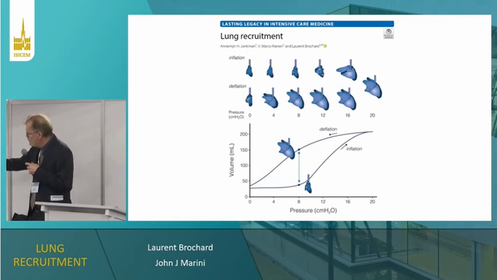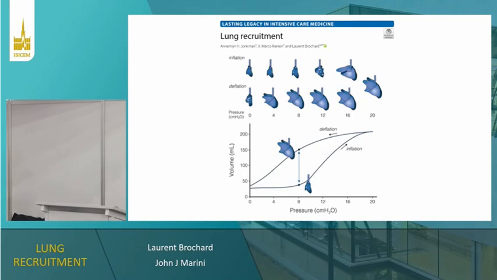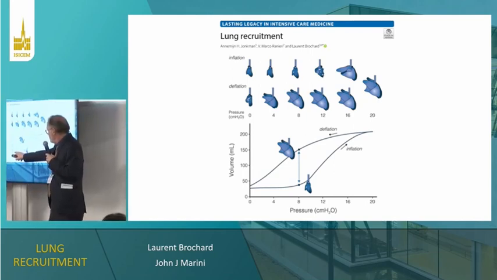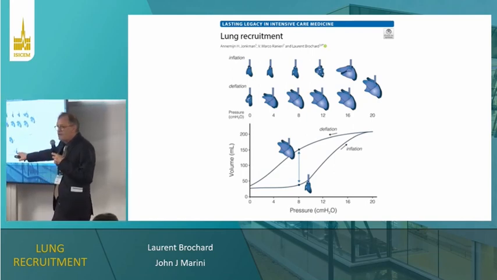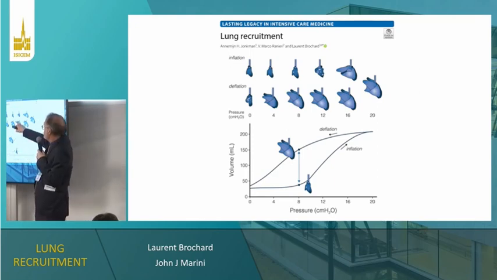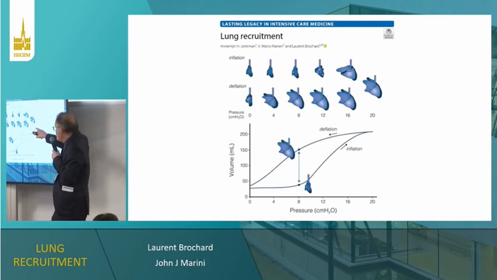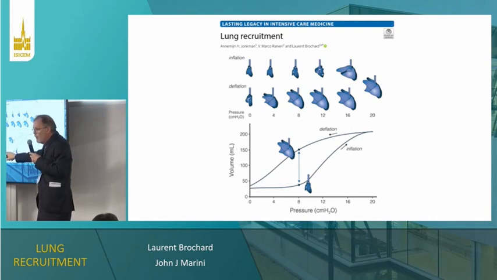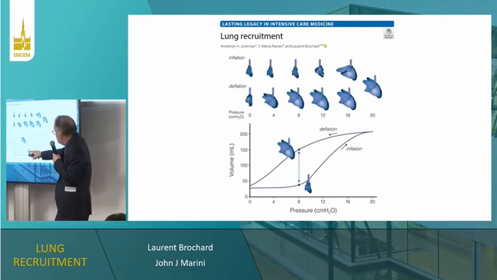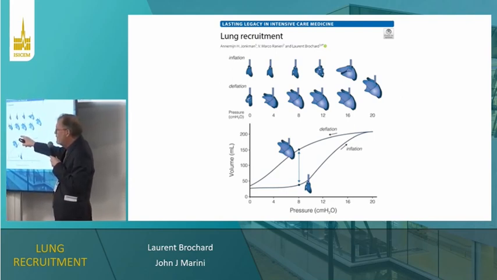And the pressure-volume curve tells you at the bottom that initially you have very, very little increase in volume while you increase the pressure. That's what you see on the top here. And once you've reached 20 centimeters of water, you go down on the deflation curve, and you see that for the same pressure in the system, you have much more lung volume. Okay?